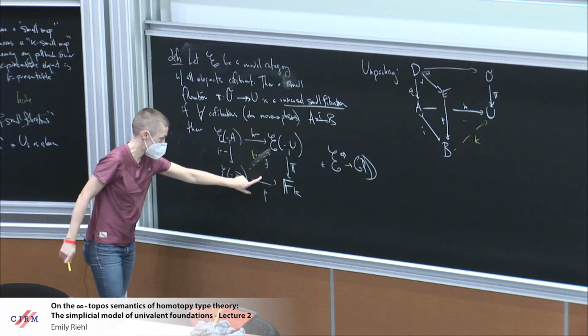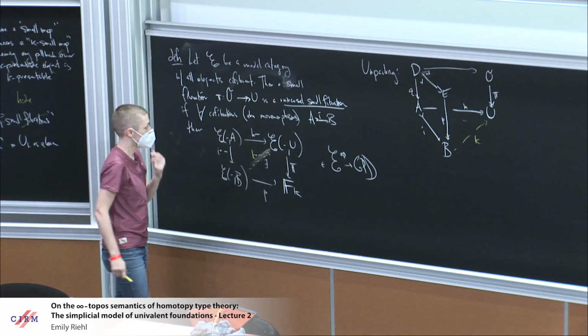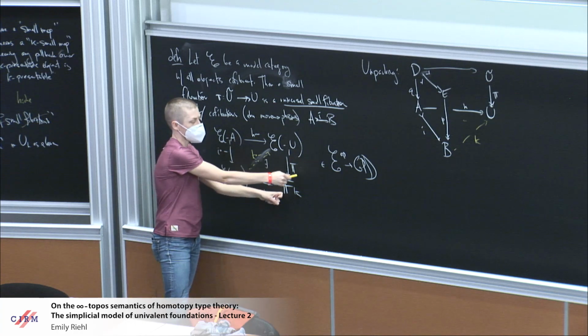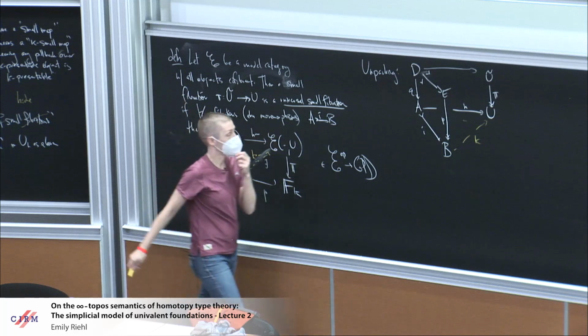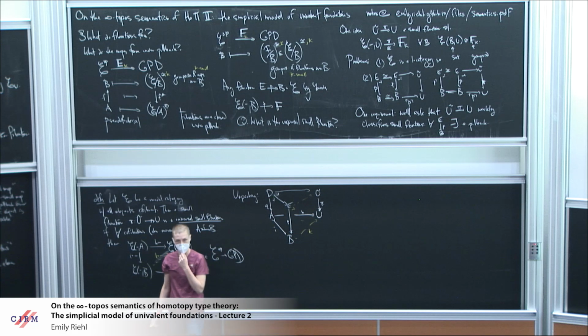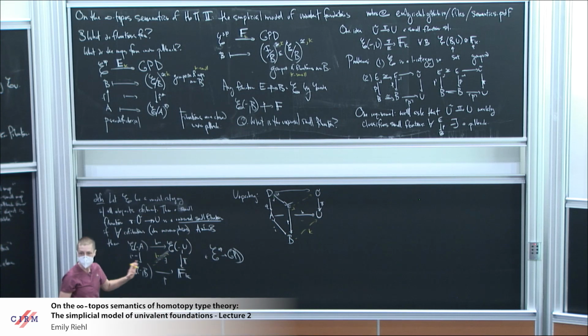And the fact that the other triangle commutes says that when I pull back my universal fibration pi along this K, I recover P. So in other words, there exists a pullback square here that is compatible with that pullback square. So this is the essential property that defines a universal fibration, which I'm making into a technical term using this definition.